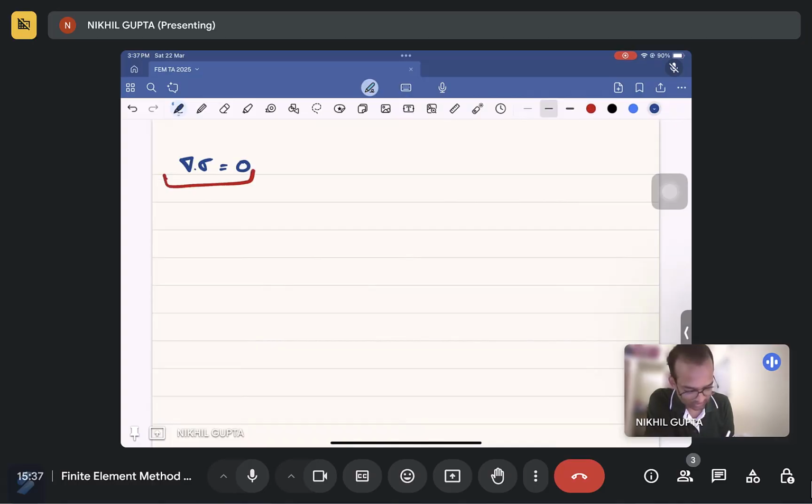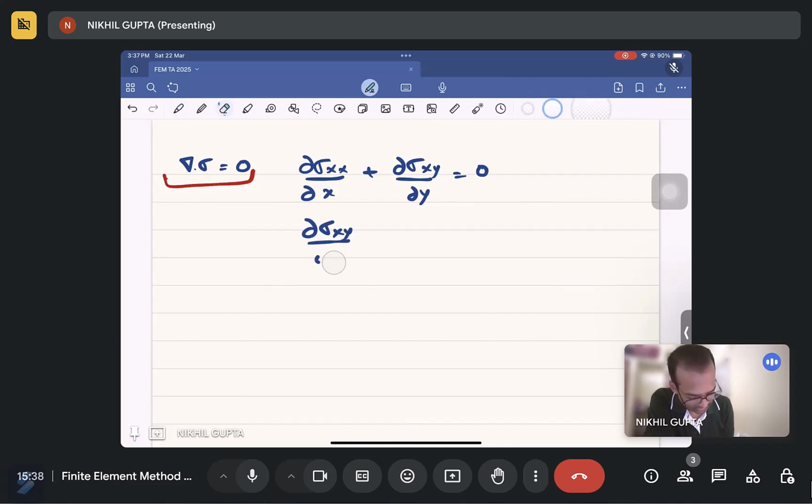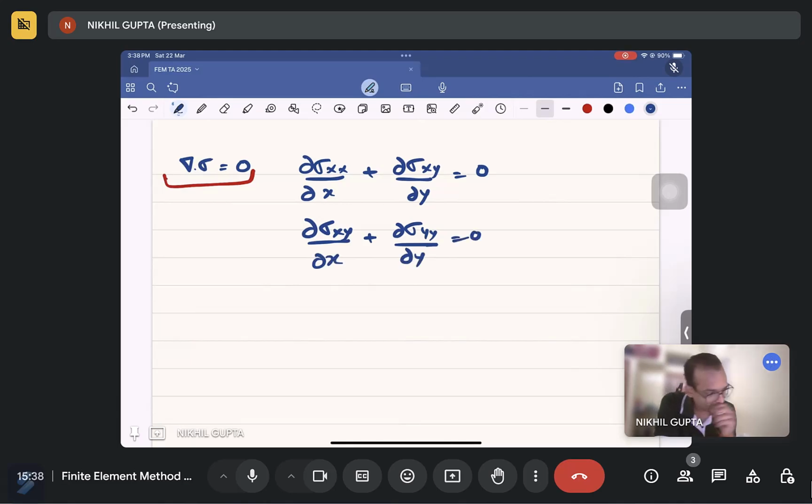When we simplify, we get del sigma xx by del x plus del sigma xy by del y equals 0, and del sigma xy by del x plus del sigma yy by del y equals 0. Since there are two equations, we have to use two weight functions here.